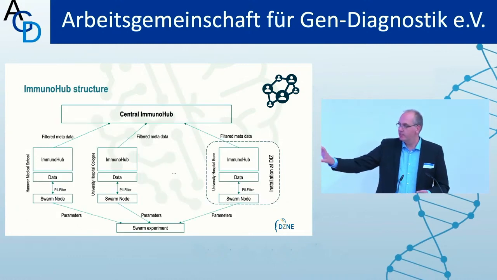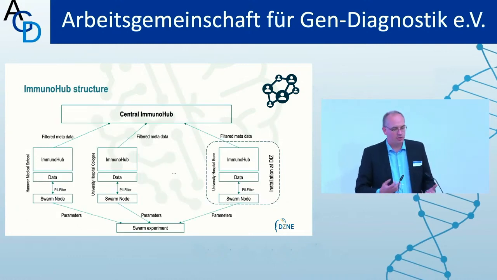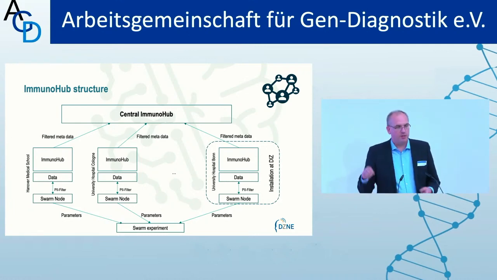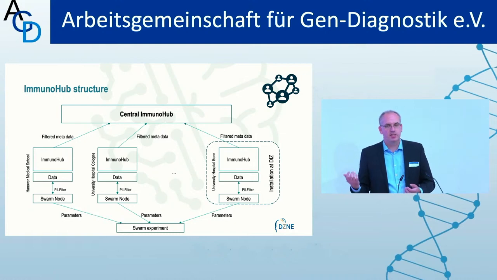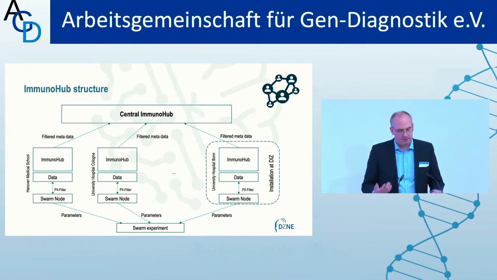Technically, it looks a little bit like that. So in the middle, you can see the different ImmunoHubs installed at the different sites. Here, each hub has their own local set of data. And you can see on the top, there's something that is called the central ImmunoHub. This is basically a marketplace for data sets and swarm experiments. So if you have set up a nice swarm experiment, you can advertise it there and look for participants, or if you have a nice data set, you can also advertise it.